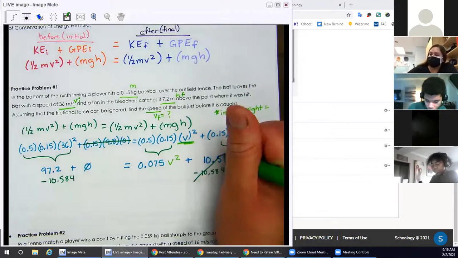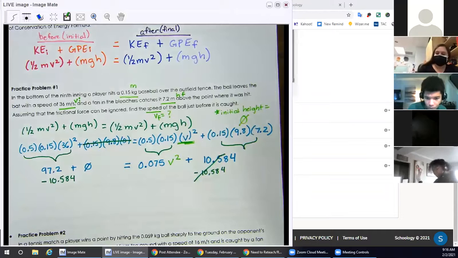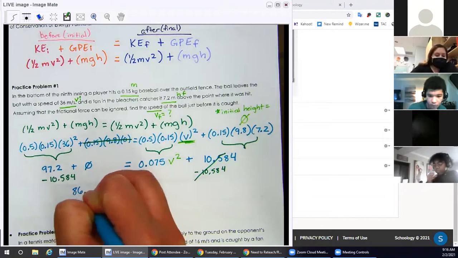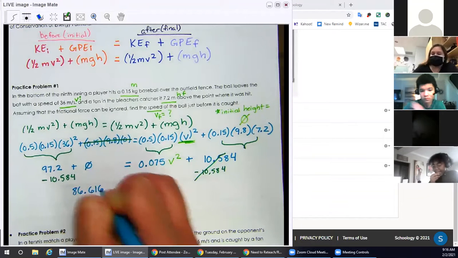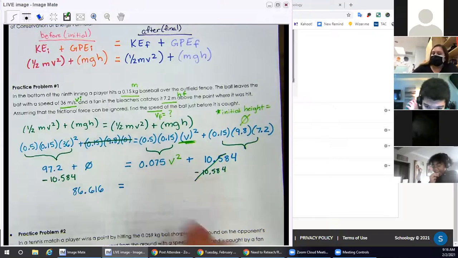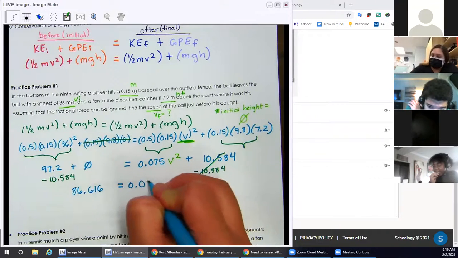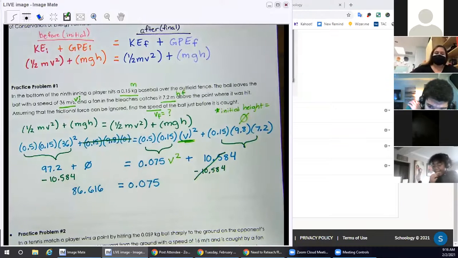That cancels out over here. So I have 97.2 minus 10.584. That's going to give me 86.616. I still have my 0.075. And I still have my v squared.